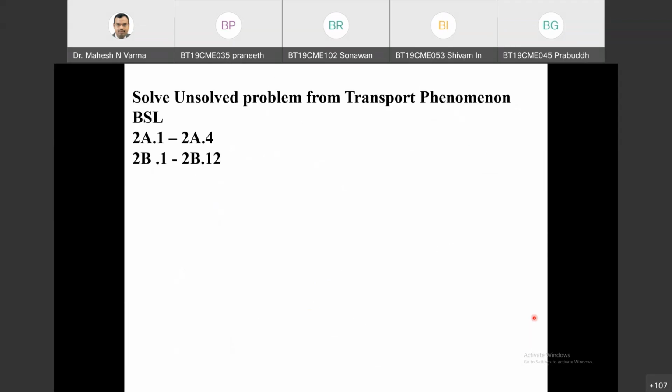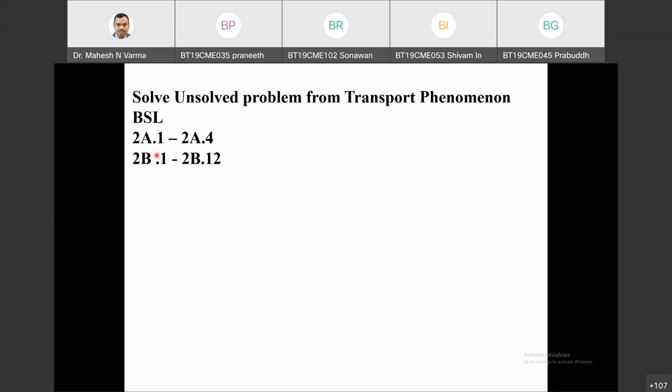So at home, you need to solve all the problems given in chapter 2, but these are some important problems: 2A.1 to 2A.4, these four problems, and 12 problems from section B. These are important and easy unsolved problems from chapter 2. Other problems are also important. Try to solve all the problems, and this will be the syllabus for the midterm exam.